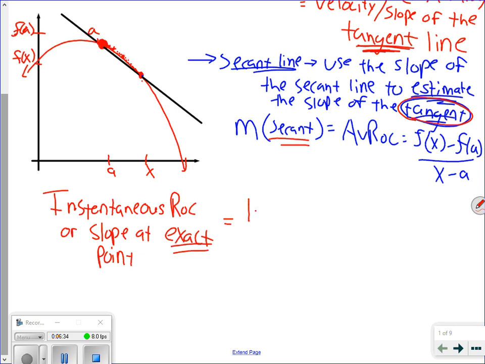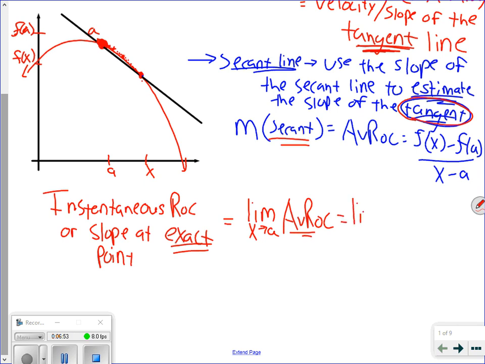We would say that it's going to be the limit as x approaches a of the average rate of change. And if I can find that limit successfully, I have found the point at which x is on a, and that'll be the tangent line at that point because we're doing it with the average rate of change. Isn't that cool?